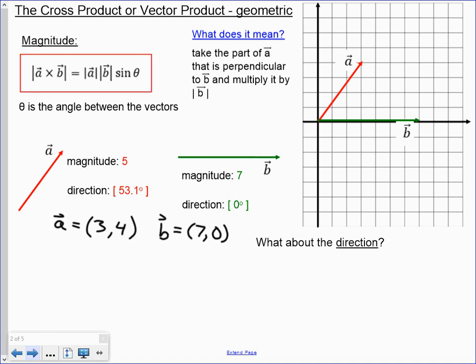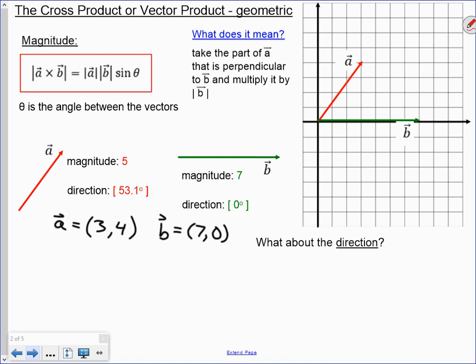And the formula up in the red box here tells us the magnitude of the cross product, A cross B. It says that the magnitude of A cross B, of that vector that's the result of doing the cross product, is the magnitude of A times the magnitude of B times sine theta. We can think about that the same way we thought about it in the previous lesson.